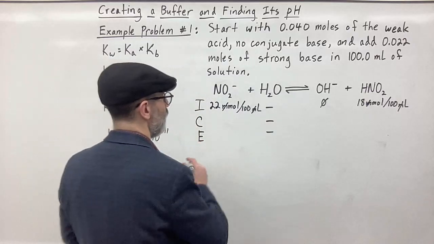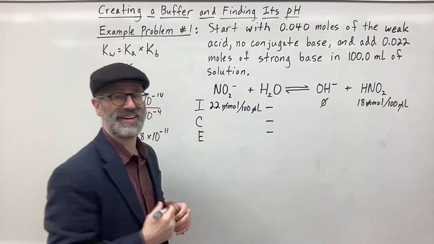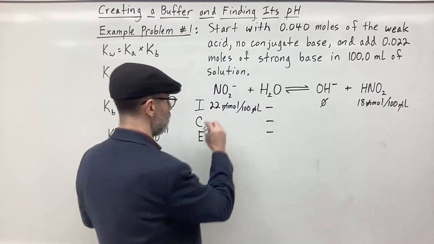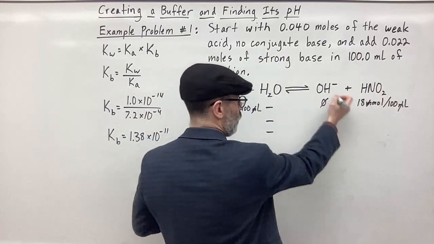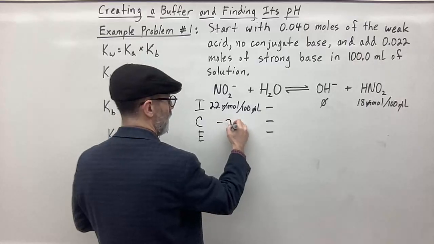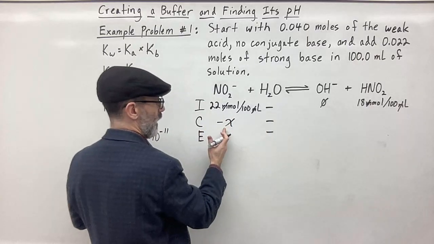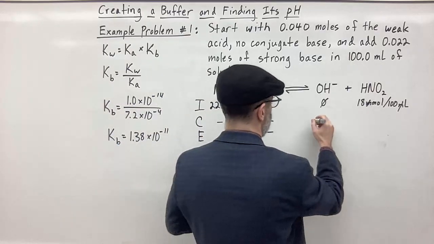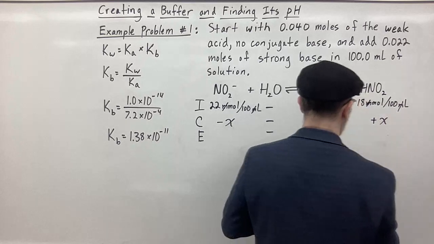Okay, so again, since we start with 0 amount of the hydroxide in solution, it's going to shift this way, and we're going to make some hydroxide ion. So we're going to lose an X amount on this side, and again, it's all 1 to 1. So we have minus 1x here, and plus X and plus X there.